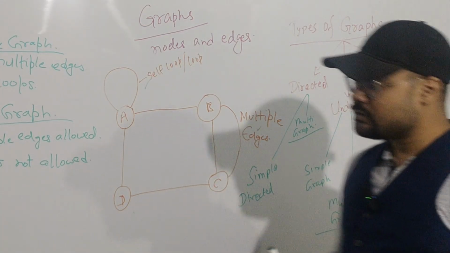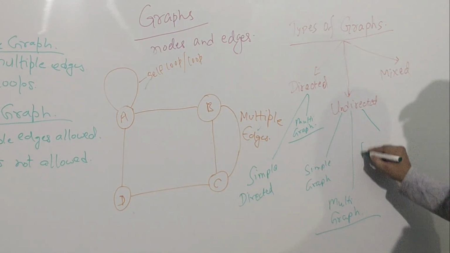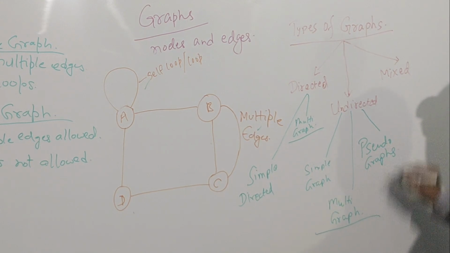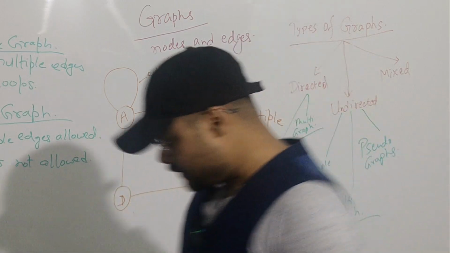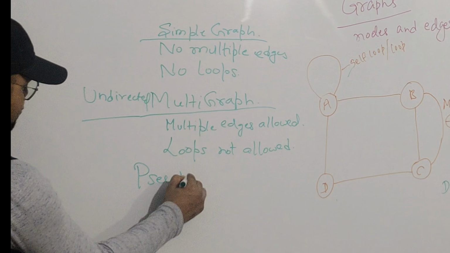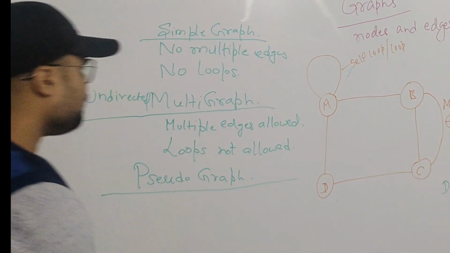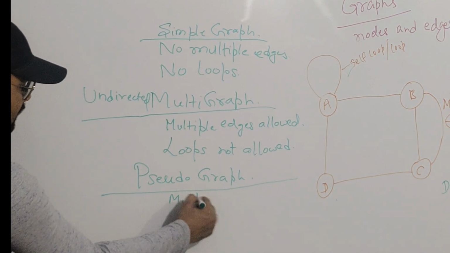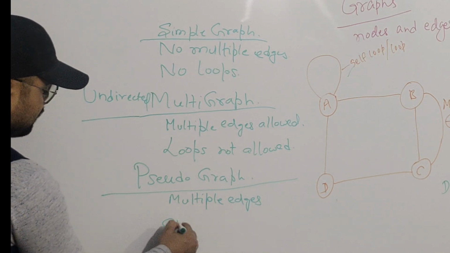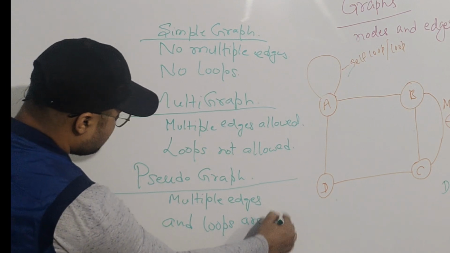What is the undirected graph in which you allow both multiple edges and self loops? They are called pseudographs. So what is a pseudograph? Where multiple edges and loops are allowed.